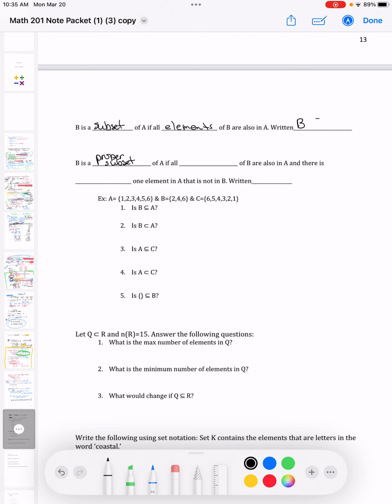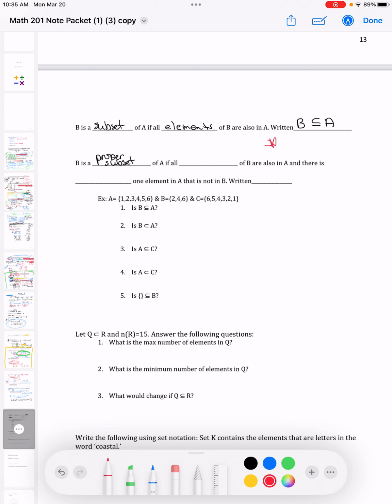And we write it like this. It's a sideways U. We use a U for the universal, and we're going to turn it on its side for the subset. It does have a bar underneath it. That's like an equal sign.